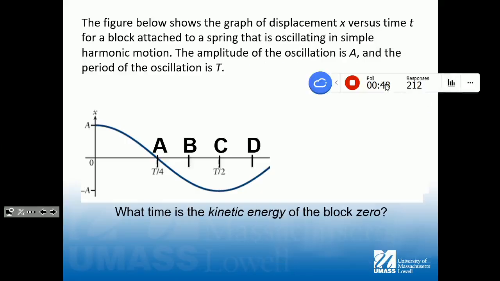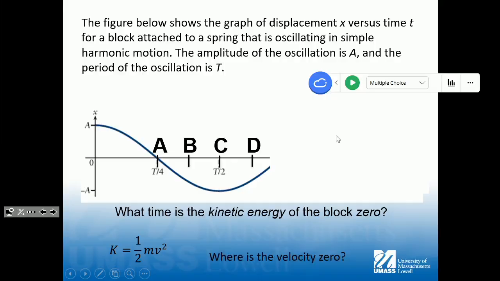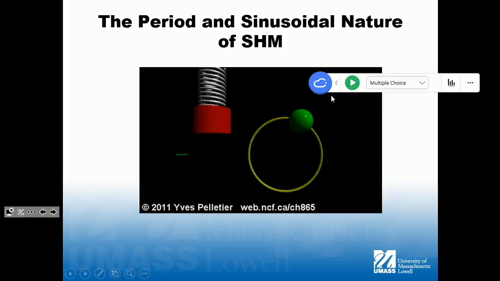Great. So everyone seems to be pretty okay on this. I'm guessing you guys are getting an idea for the next set of conceptual questions on the exams. Okay. So yes, kinetic energy of the block is 0 at either end where it's turning, right? Which is also where potential energy is maximum.